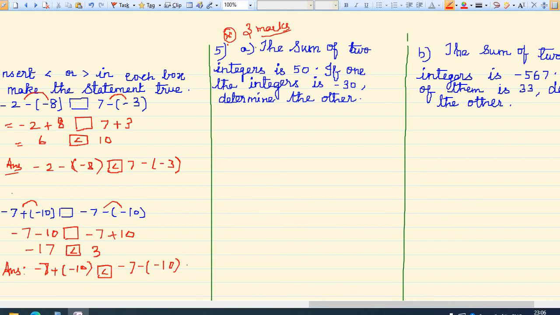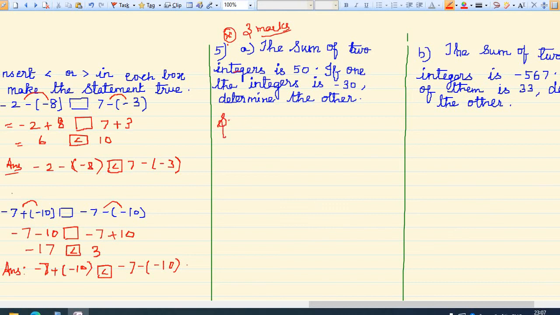See, when I am coming for the fifth sum, the sum of two integer is 50. If one of the integer is minus 30, determine the other. They are given that the sum of the two integer is what? 50. Any two, I am adding the two integers. My answer is what? 50. And they are giving the one integer to be what? Minus 30. I am going to find out the other integers.